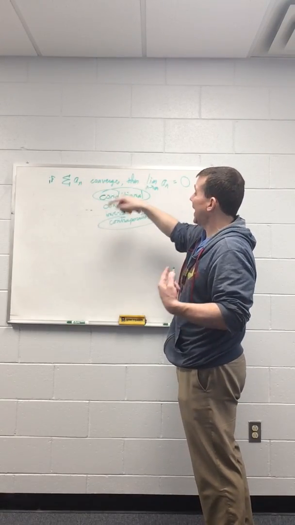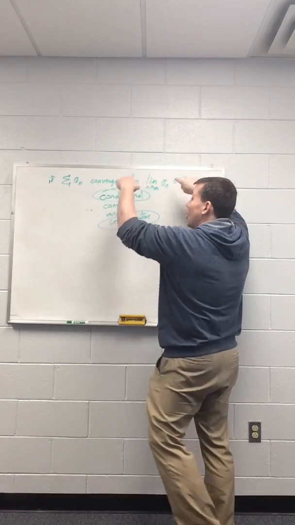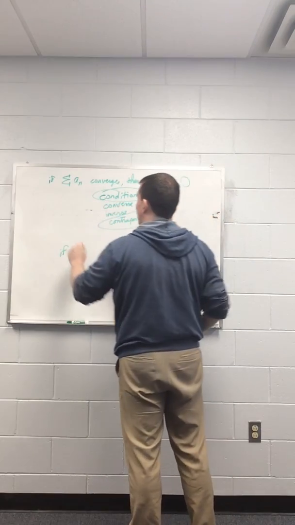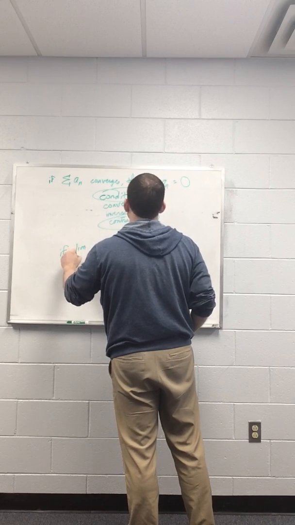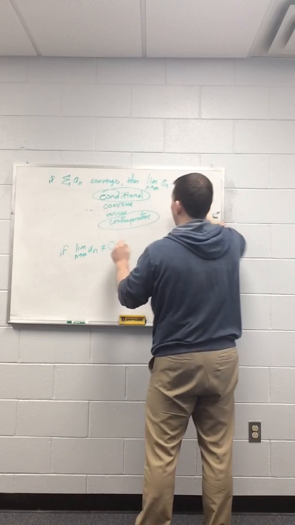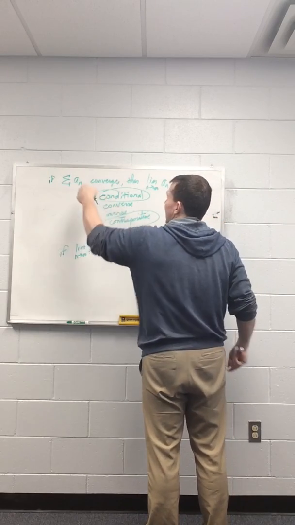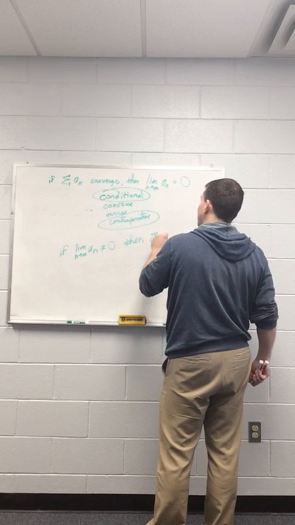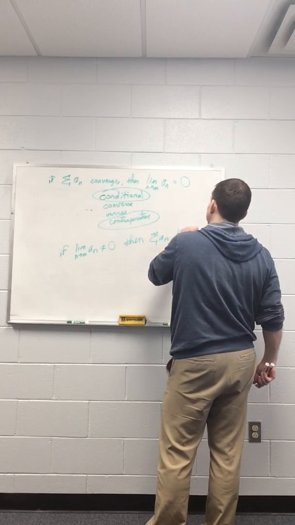You flip it, and you negate it. Which means the contrapositive of this is if this is not true. So if the limit as n approaches infinity of a sub n is unequal to 0, then this is not true. Which means the series doesn't converge, which means it diverges.